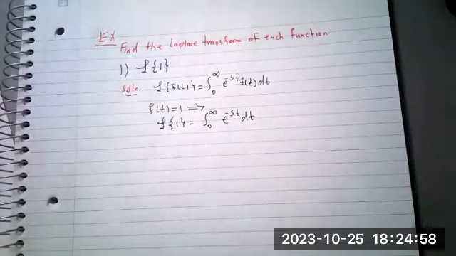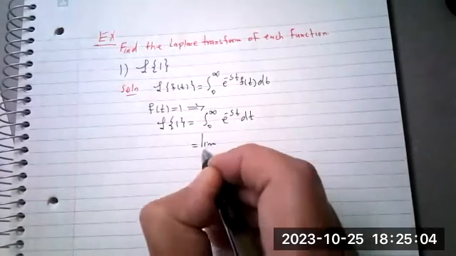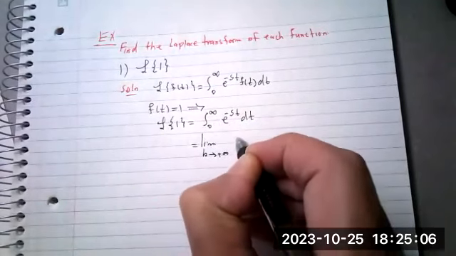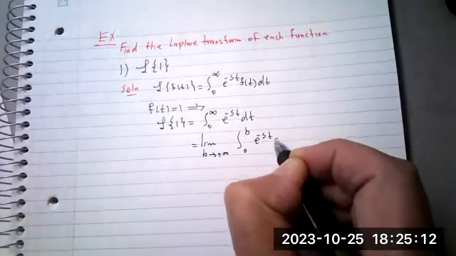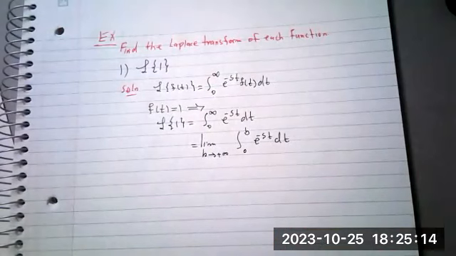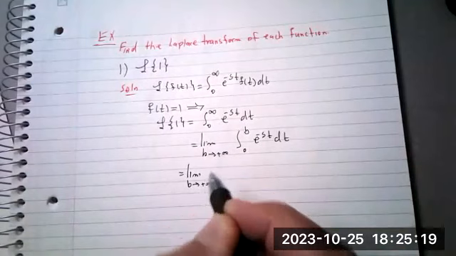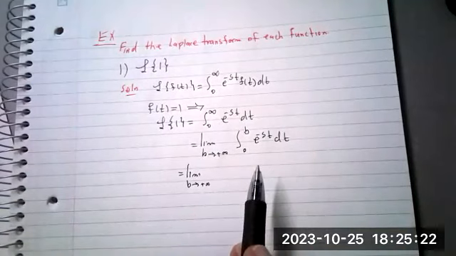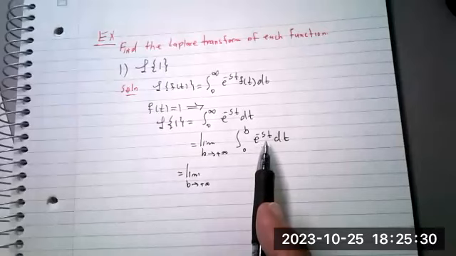So start integrating. Change it into the proper one: limit as b goes to positive infinity of the integral from 0 to b of e to the negative st dt. It's easy to integrate. The exponential function never changes, but you see what u prime is for this one: the derivative with respect to t is negative s.